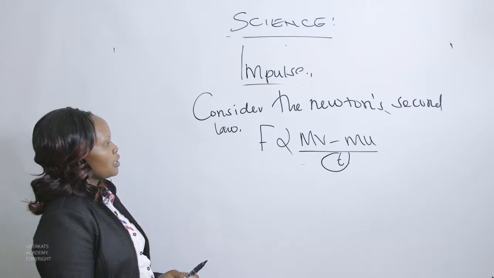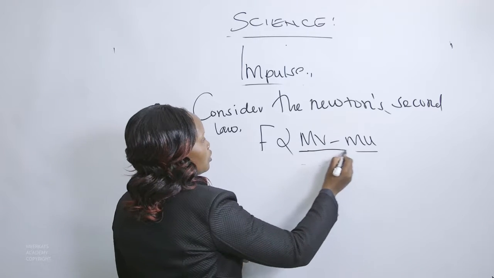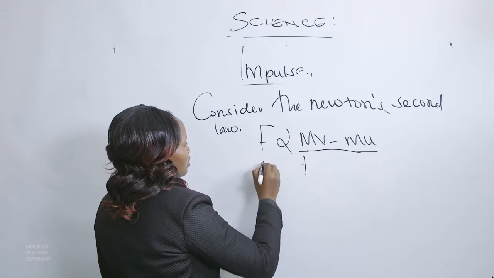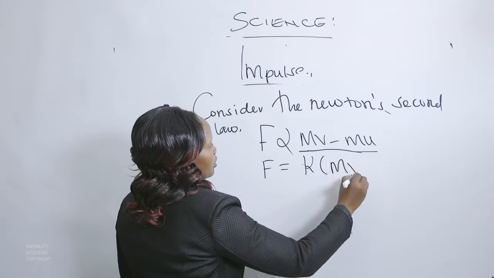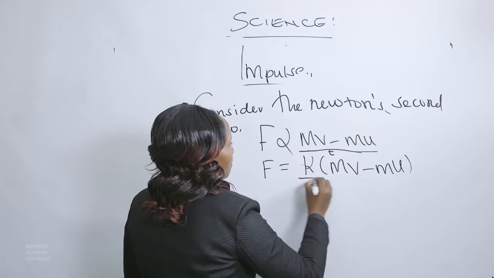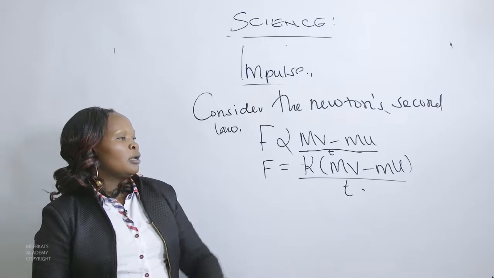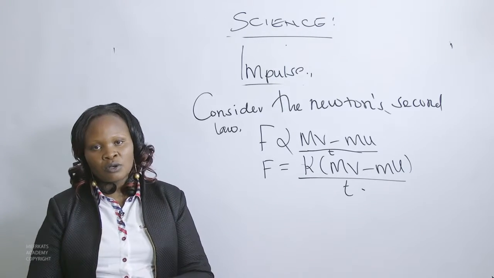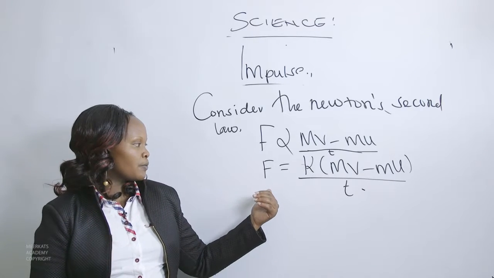Having introduced a constant which we called K, we found out that the change of momentum in a time t multiplied by this constant is going to give us the force that we are after.